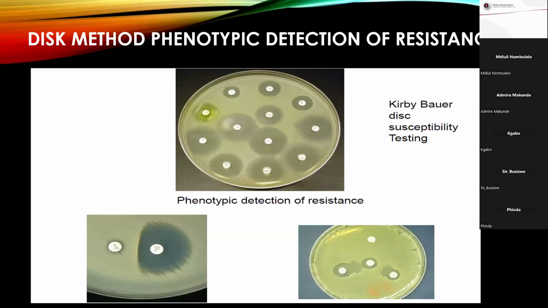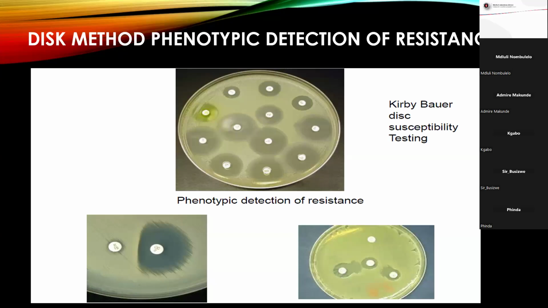The same disc method can also be used for more than just checking the AST. It can be used to check other phenotypic resistance. Remember, I said there are several mechanisms of resistance which you can encounter. In this picture, where there's a D shape below, you can use the disc method to demonstrate inducible clindamycin resistance.